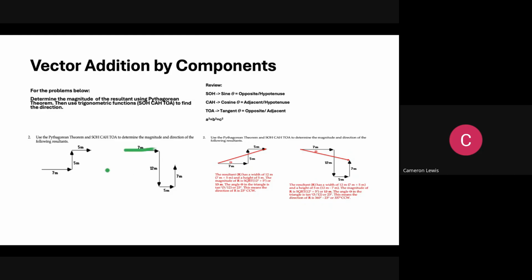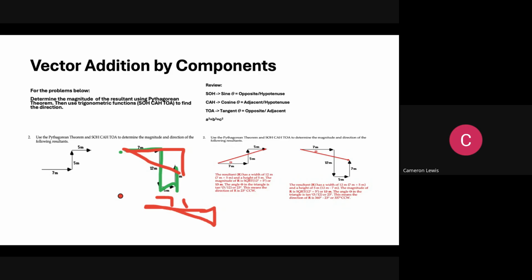You go 7, then you go down 12, then we go across 5, then we go up 7. So we really start here. And then we go across here. So what is that triangle? It's really this. So let me pull that out. I got 7 and then this 5 right here, right?